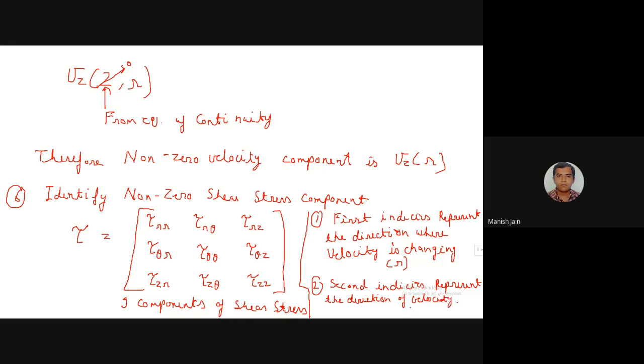So that is the z direction. First index represents the direction where the velocity is changing, second index represents the direction where the fluid is flowing, or the direction of velocity, that is the z direction.